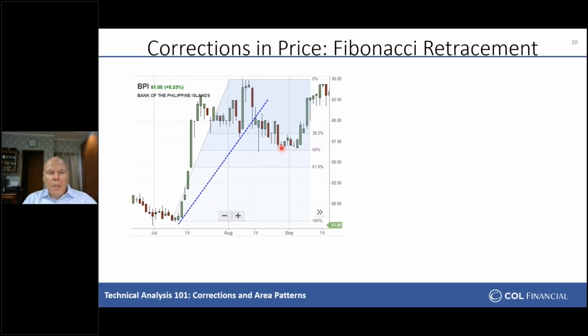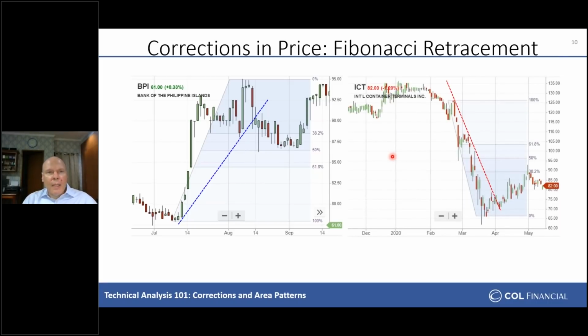In this case, BPI corrected to the 50% zone. And after that, it rallied, tried again a second time, and then eventually it rallied after that. So this is still okay. But if this pullback went all the way back down to the 61.8%, the rally you see here is not going to be as strong. It will take more time for it to recoup back to where it's come from.